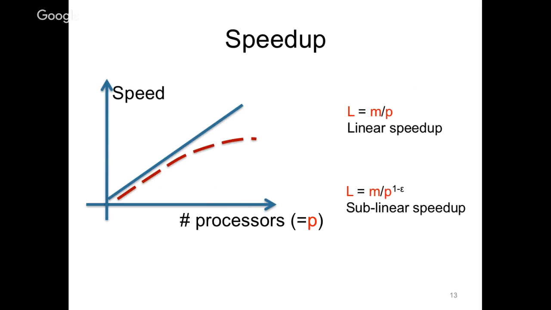Now, if your load is M by P, which is the ideal, and assuming that your servers are infinitely powerful, then you can observe a linear speed up. But in practice, the load will be more like M by P to some exponent, which is less than 1, and then the speed up is sublinear. So this is something to look into. We want to optimize the speed up.